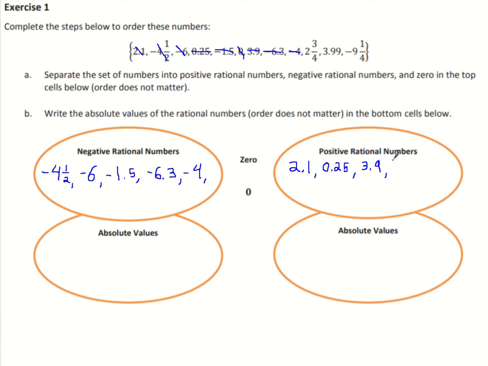Okay, well, that doesn't have a negative sign. It's going to go over here. 3.99. And lastly, -9 1/4. That has that negative sign. It's got to come over here.